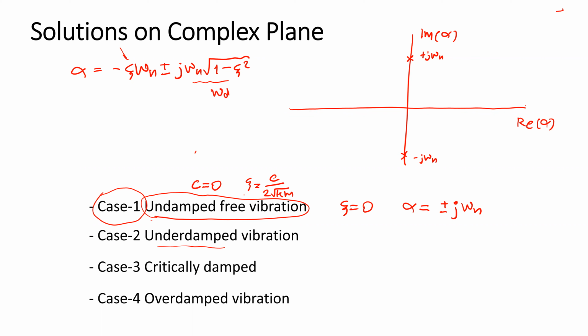In this type of root, when we only have the complex conjugate and the real part becomes 0, the vibration will be like a simple harmonic. It will vibrate with a constant magnitude and vibrate forever.